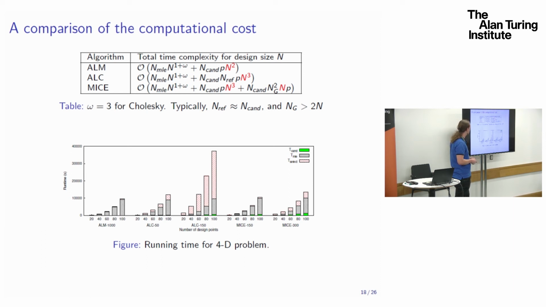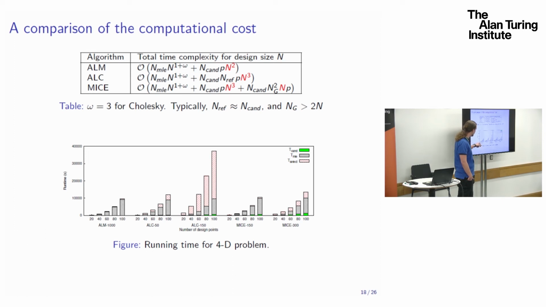And that is what is making the ALC, if you're looking in the bottom figure on running times, grow extremely fast because you have that extra cost. Whereas the MICE, for instance, on the right, you can see that it has a much lower cost.